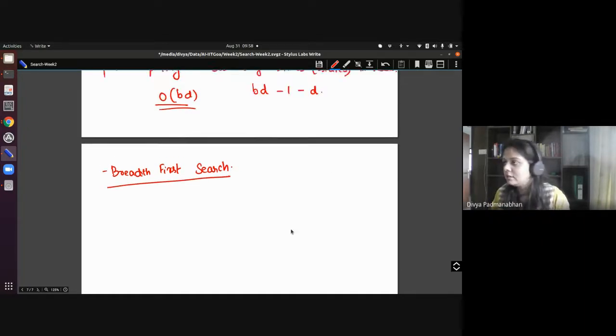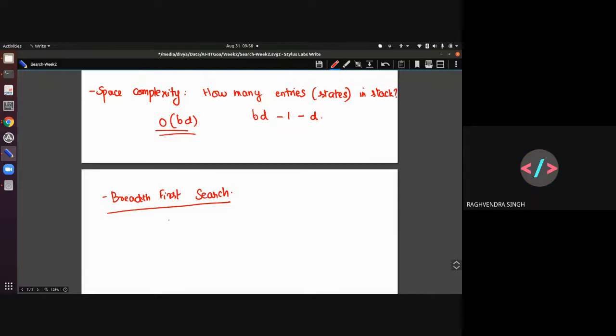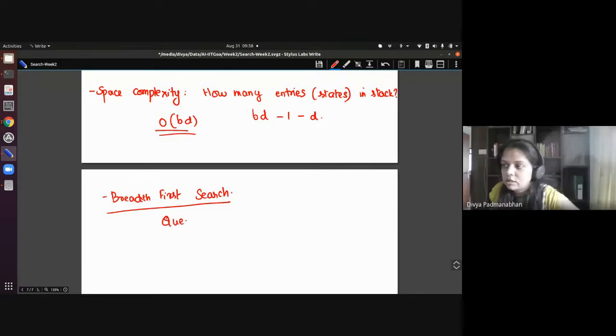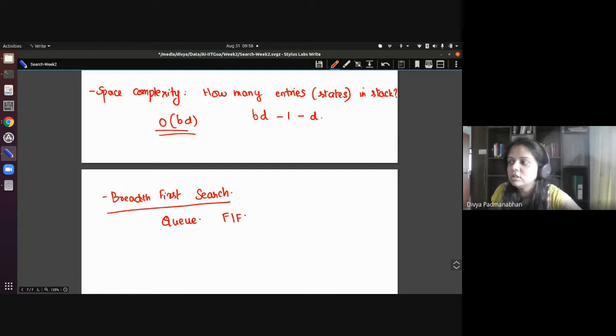And what is the data structure you use for BFS search? Queue. And what is a queue? First in, first out. Yeah, a first in, first out structure.